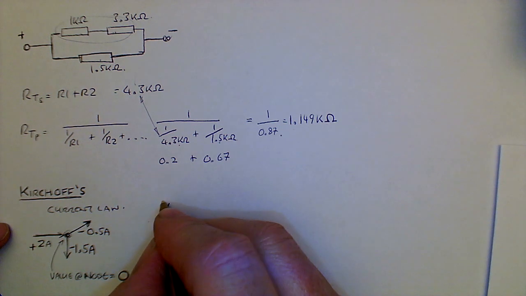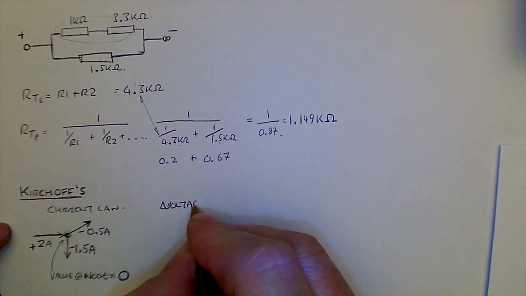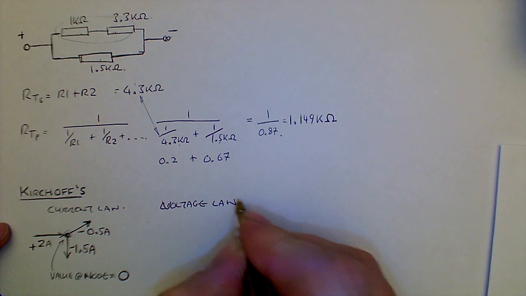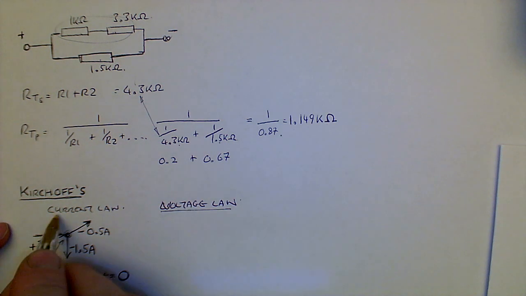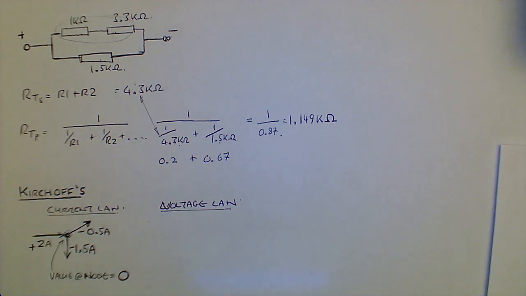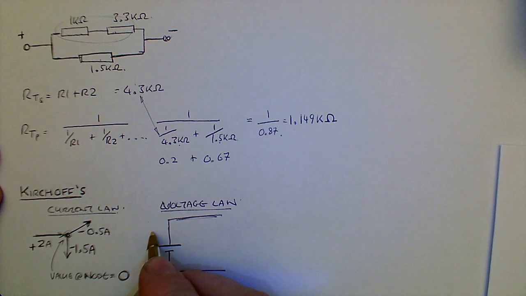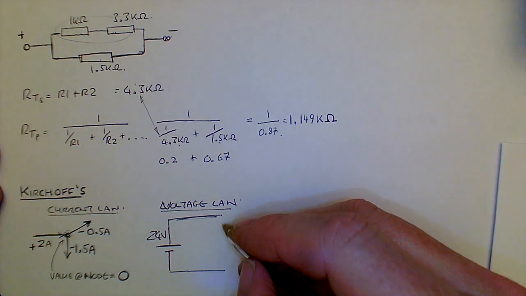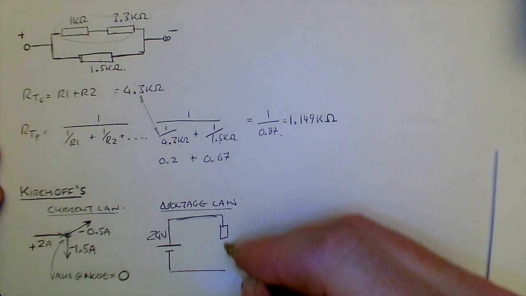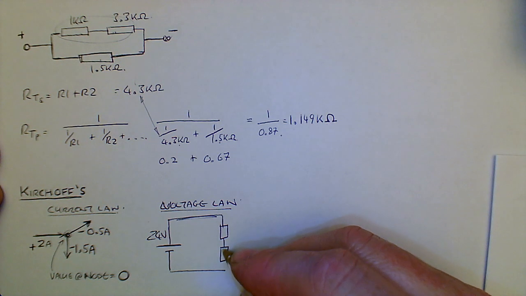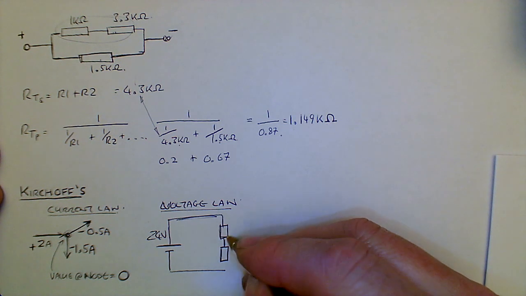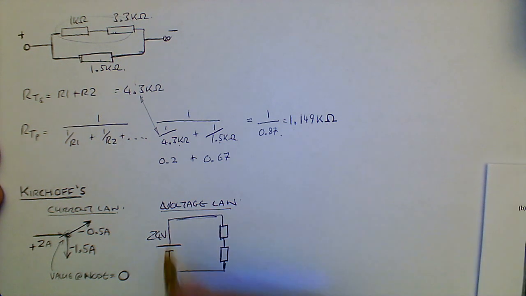He also had Kirchhoff's voltage law, which again wasn't massively complicated. Just going to put 24 volts on there, and then we'll just put 2 resistors in.